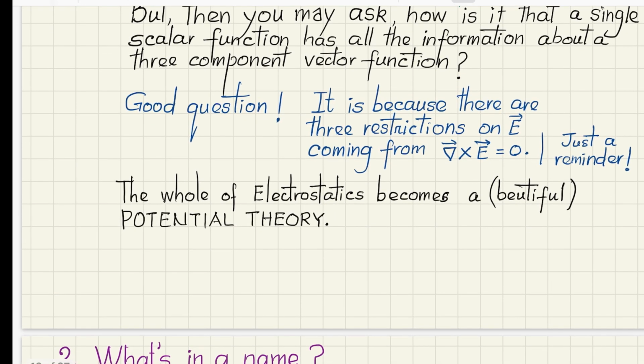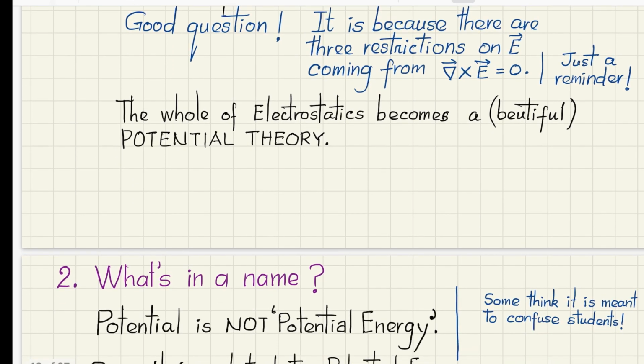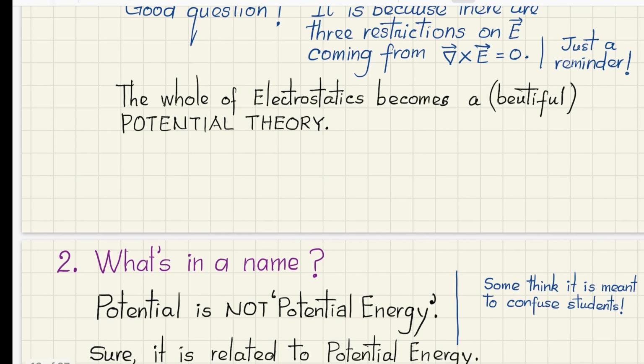So now, what's in a name? There is a possibility of confusion between potential and potential energy. Some students even think that it is meant to confuse students. Sure, potential is related to potential energy, but it is not potential energy, because we are going to consider potential energy in the next section, in the next lecture.